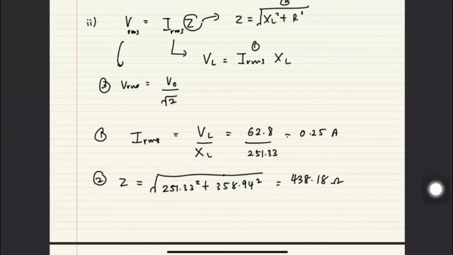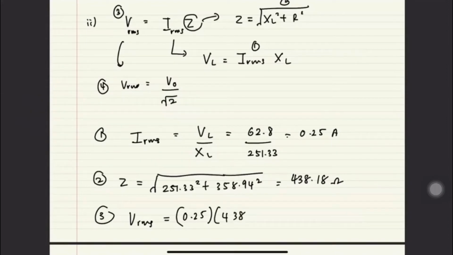In step 3, you can find the VRMS using IRMS times Z. So 0.25 multiplied by Z, which is 438.18, gives 109.55.